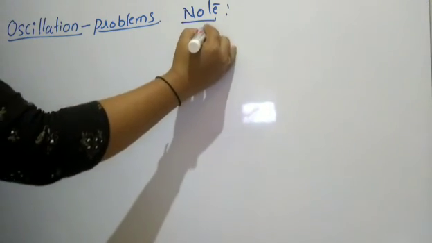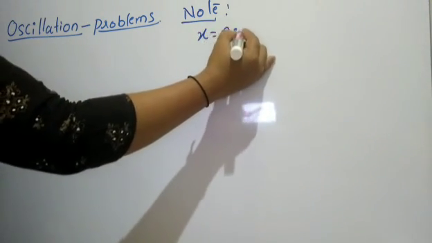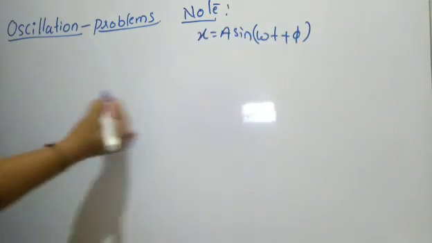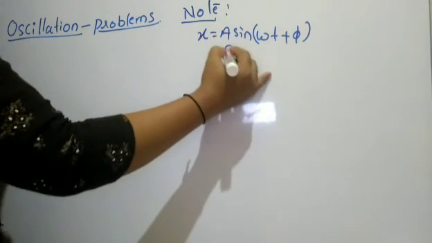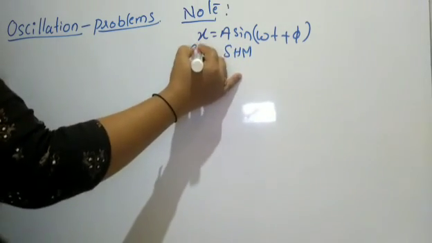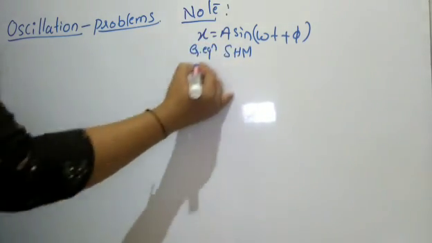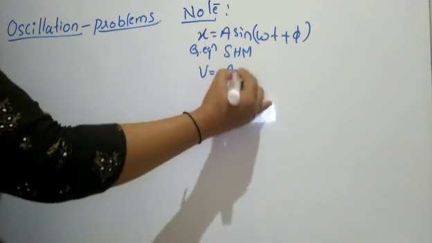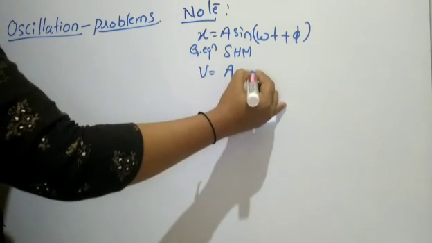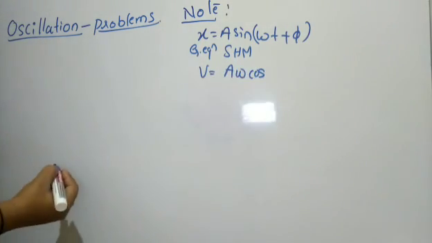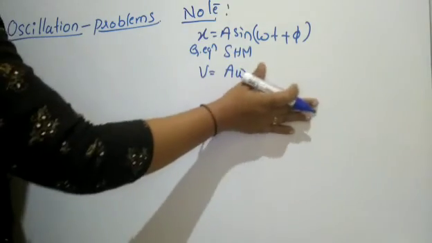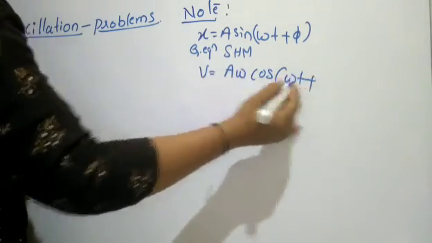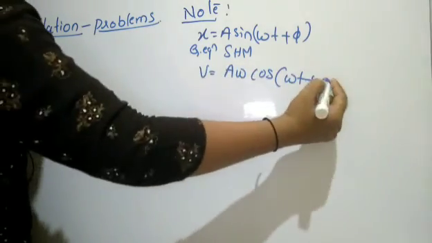So let us go ahead with x equals a sin(omega t plus phi). This is the general equation of a particle executing simple harmonic motion. The general equation for velocity is a omega cos(omega t plus phi).